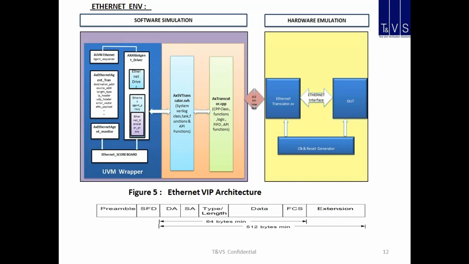And the software side is the C functions basically. And these are the SV functions, which call the C functions to pass the different data item variables, which in turn will be taken by the transactor and it will drive the data to DUT.